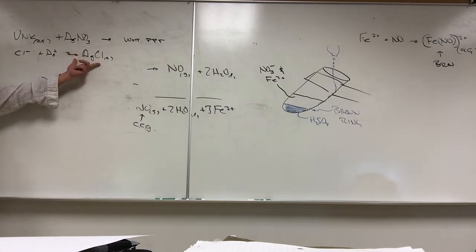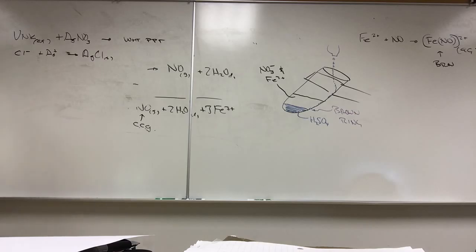But the problem is this unknown has to be known not to contain certain things. For example, this unknown better not contain bromide, because if this unknown contains bromide, we could get a precipitate here as well, right? The silver bromide has a slight yellow color to it, but it's still hard to tell.